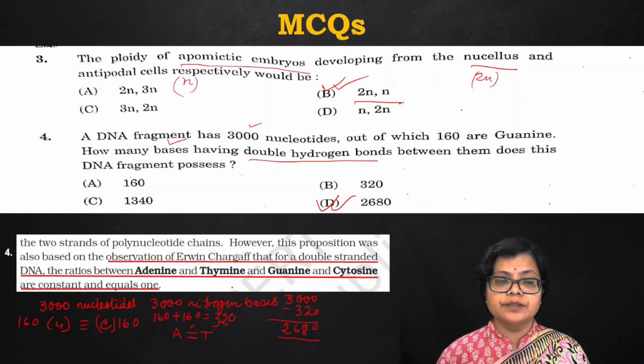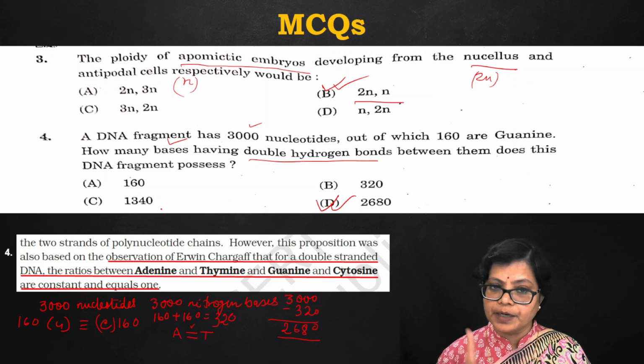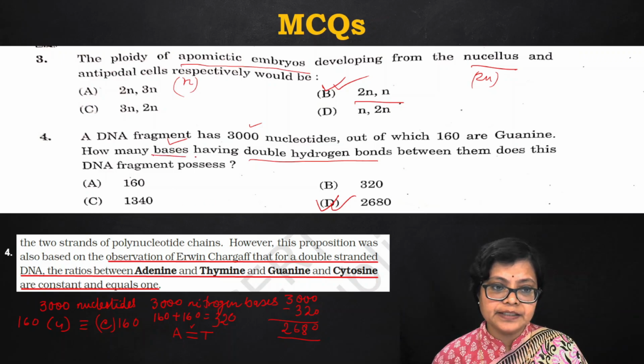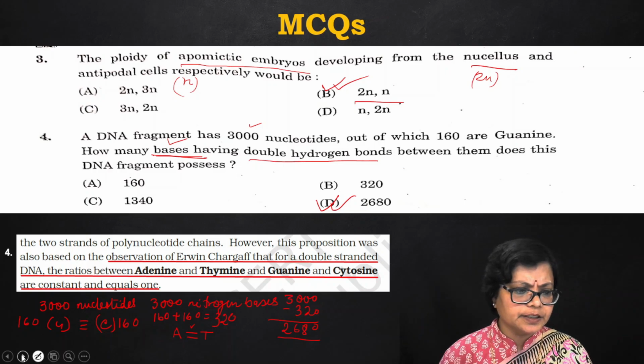But if in the question paper it is given how many base pairs, then for one double hydrogen bond, one nitrogen base pair, then it could be the answer 140. But in this case, how many bases, not base pairs, so the answer will be 280. I feel the explanation is clear to you.